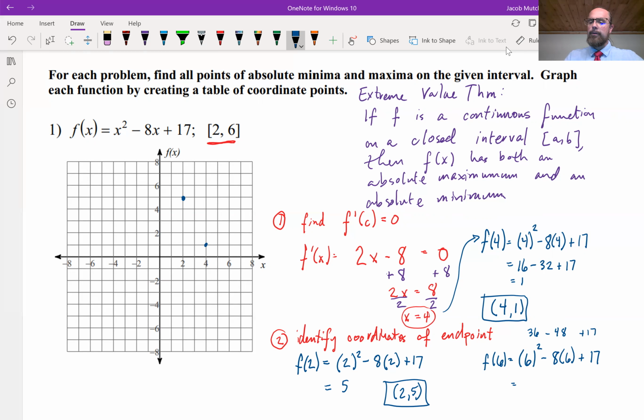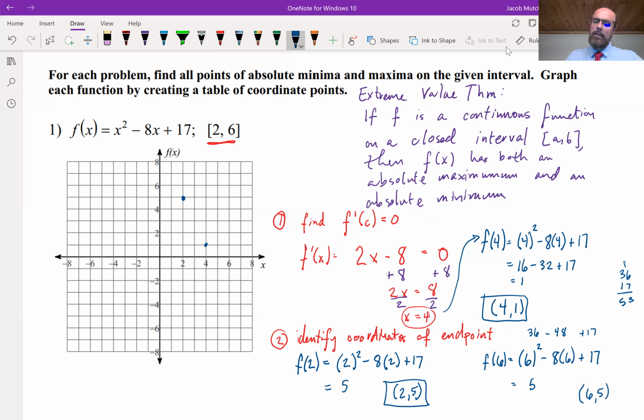So if we add up 36 and 17, that's going to be 53, and then 53 minus 48 is again 5. So it turns out that these endpoints at 2 and at 6 are at the same y value. Both of those are at the y value of 5.